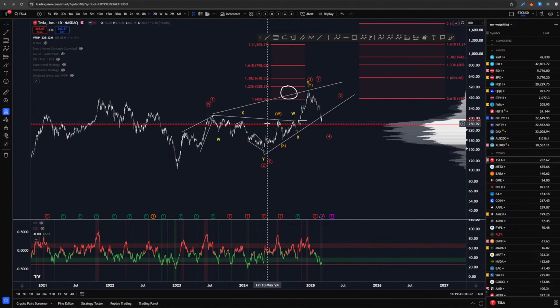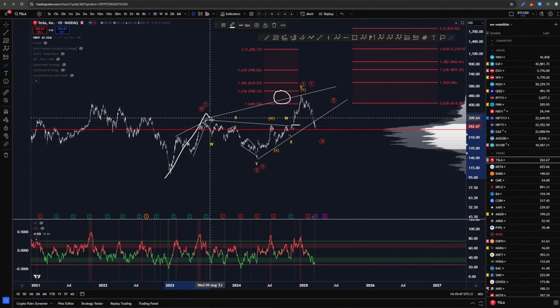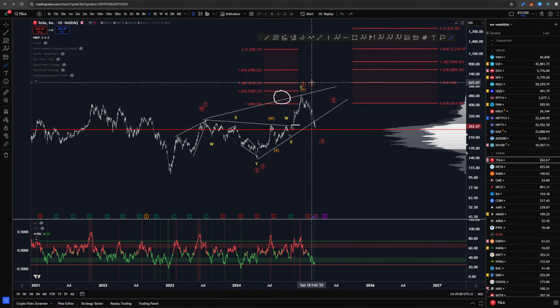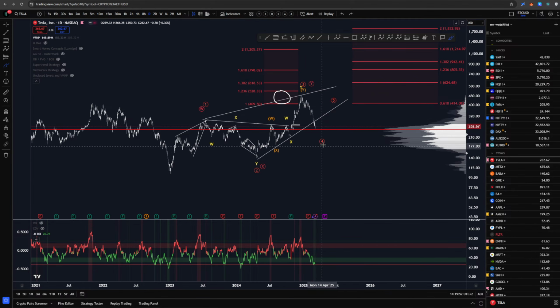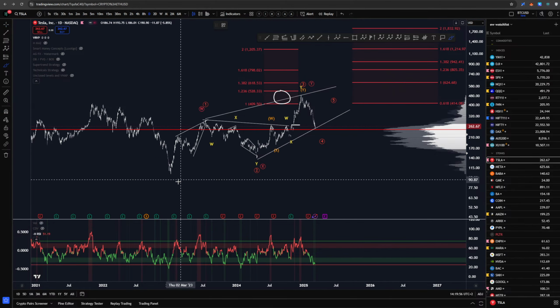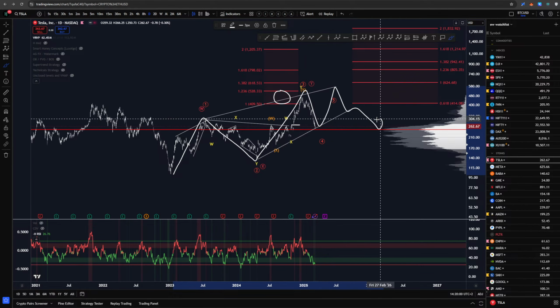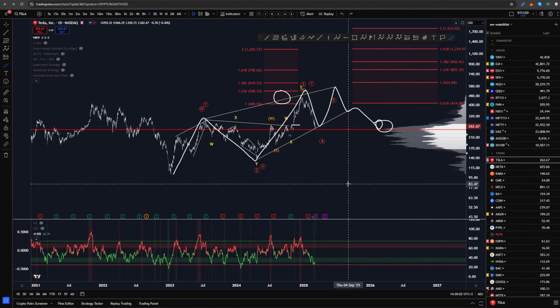So what we currently have is quite a few different choices. We have this as a WXY, possibly ended, or if we pivot very soon, then we still have the chance of having this as a 1, 2, 3, 4, 5, coming back down and then bursting up again.